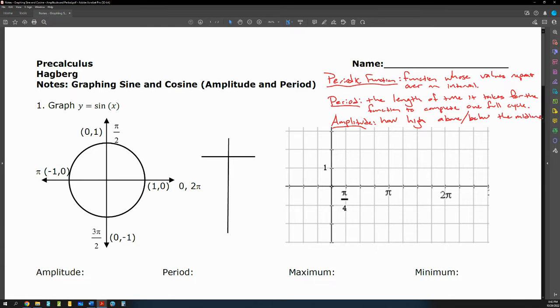The midline is going to be exactly in the middle of the graph, exactly in the middle of the max and min. So in other words, it is 1/2 the difference between the max and min.